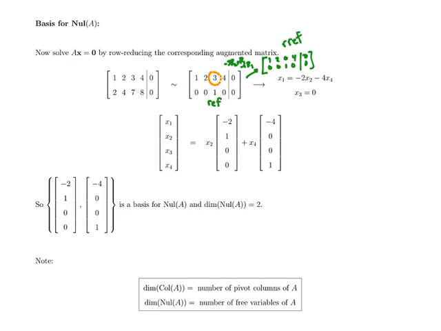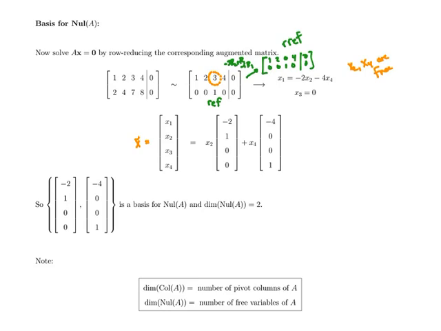So we have these 2 equations. x1 is negative 2x2 minus 4x4, and x3 is equal to 0. And we have that x2 and x4 are free variables. So if we look at our solution, we have our vector x is going to be equal to x1, x2, x3, x4.